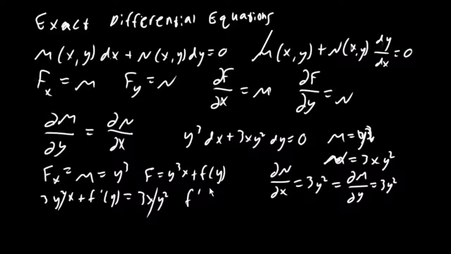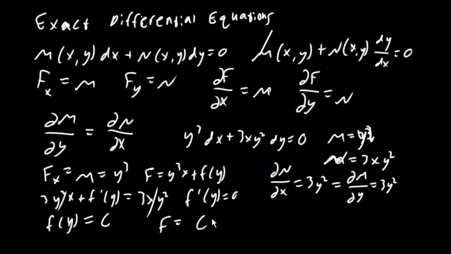That means f prime of y equals 0, and thus f of y is equal to c, because since we've already eliminated the extra function term of y, we'll know that f of y is just going to be the constant. So plugging this all back in, we'll find that the solution to the differential equation is, and I'll just rearrange the constant because it looks cleaner this way, c is equal to xy cubed.